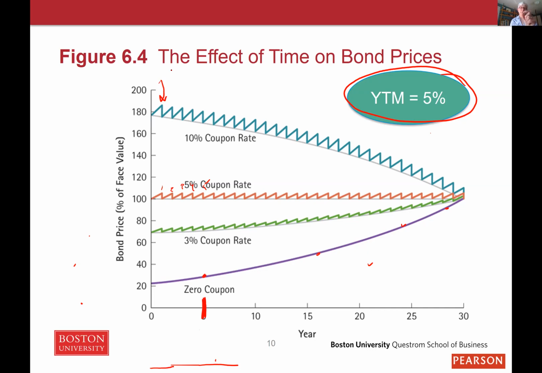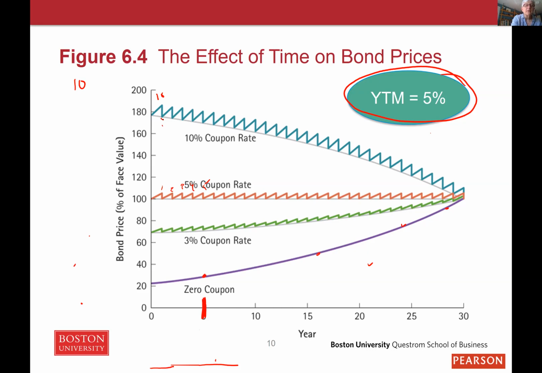It's not discounted. It's right now. The minute that coupon gets paid, the price drops down a little bit because the next coupon is a year away. Each one of these coupons is exactly $10, but the value of this coupon right before it gets paid is $10.